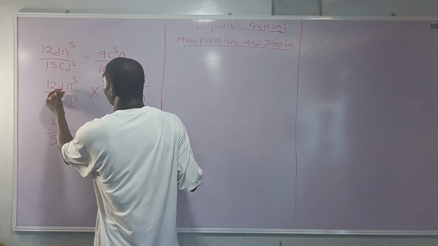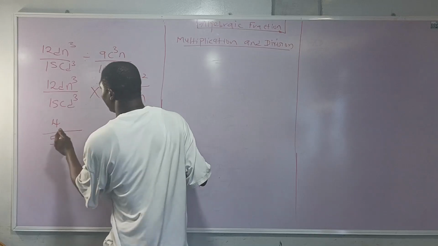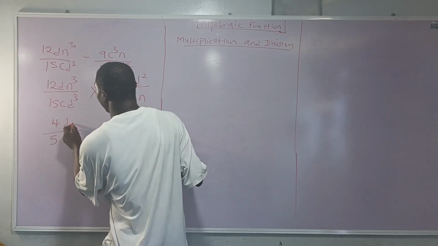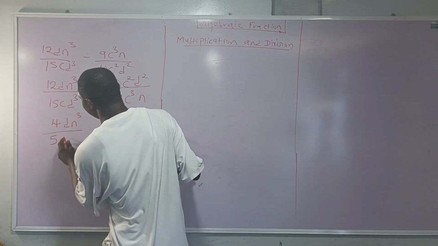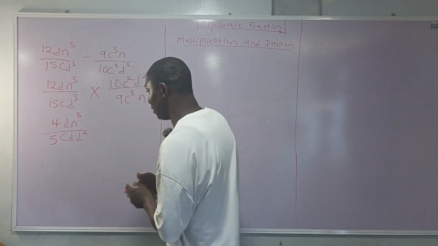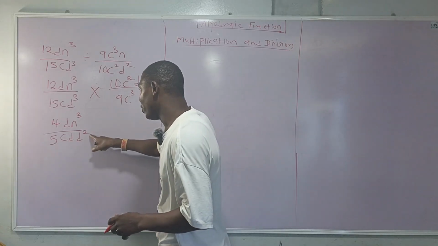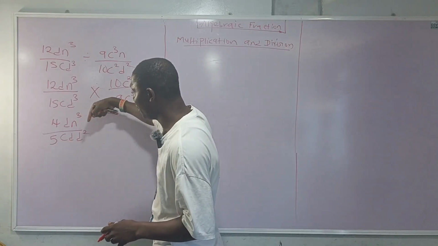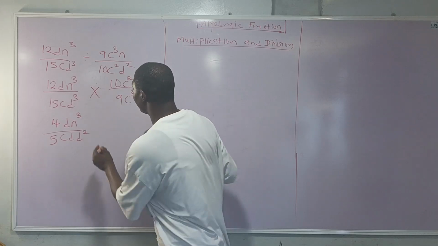Now this is d squared, this is d cubed. This can be written as dn raised to power 3 and cd d squared for simplicity. D times d squared will give you d raised to power 2 plus 1 from indices, which equals d raised to power 3.